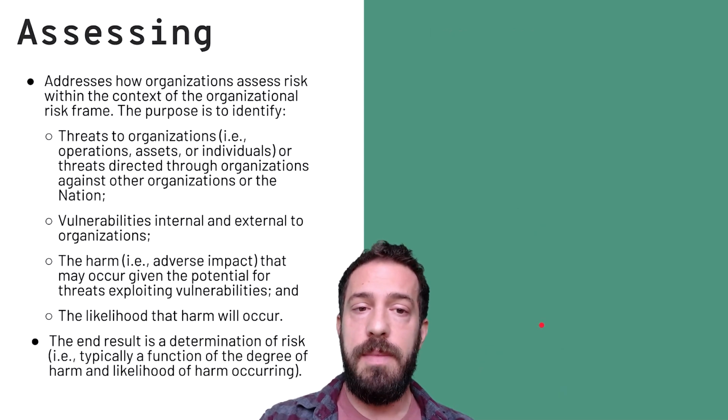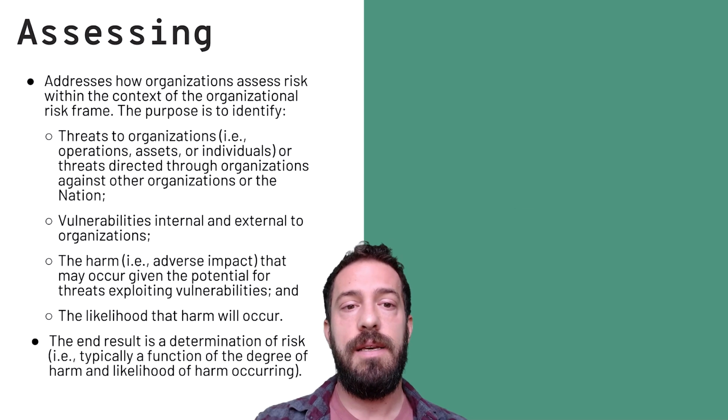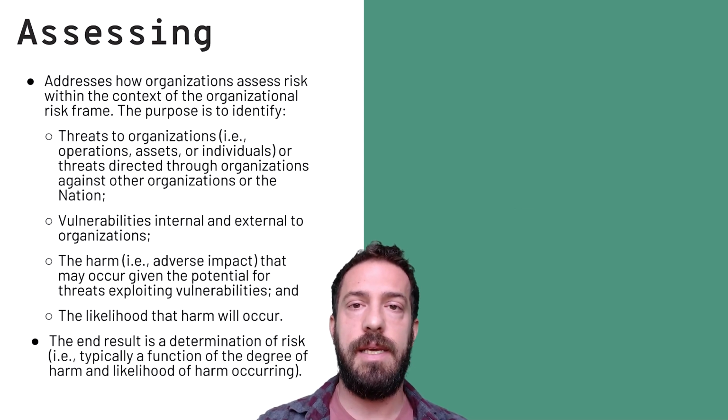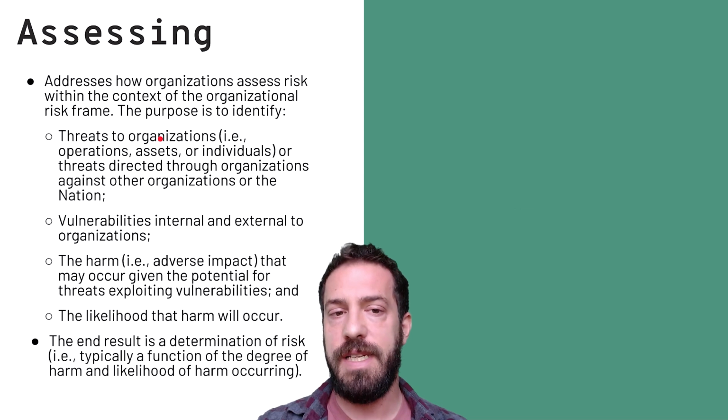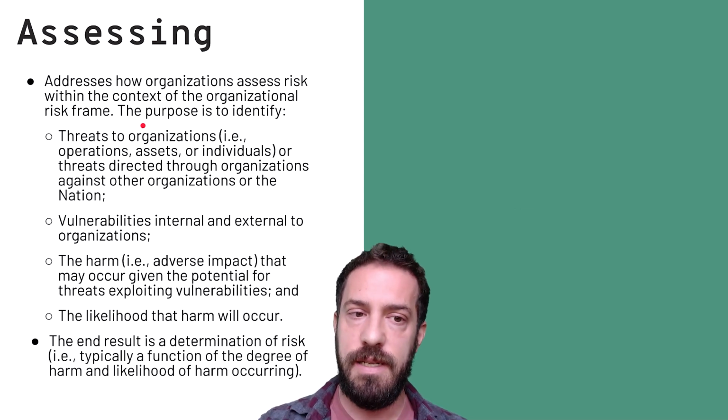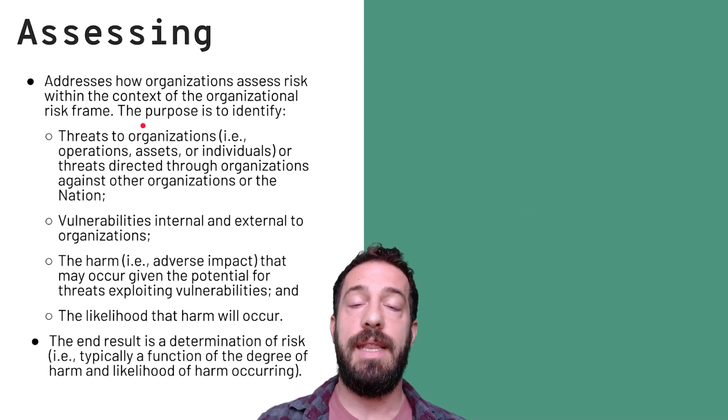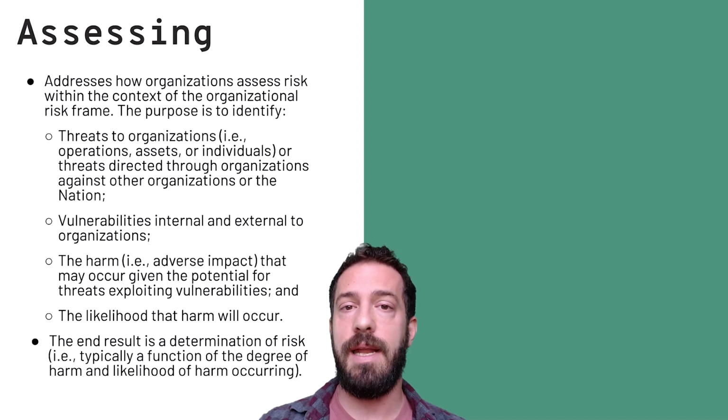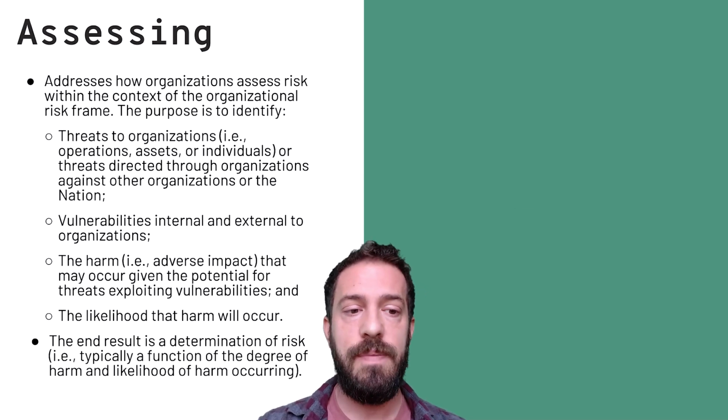Moving on to assessment, assessing risk is one of the most major components, and the purpose of risk assessment is to identify threats to the organizations, identify the vulnerabilities that can make the threats materialize.